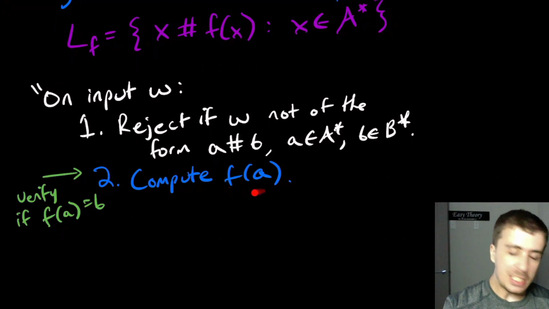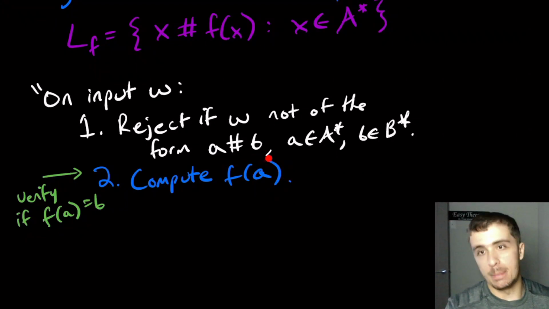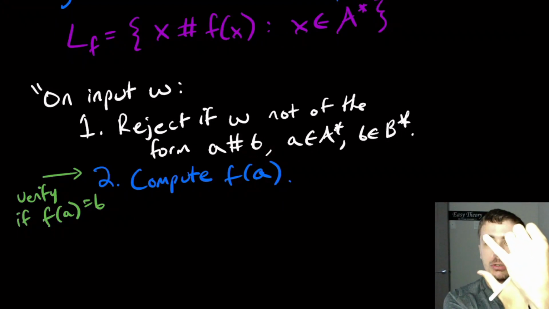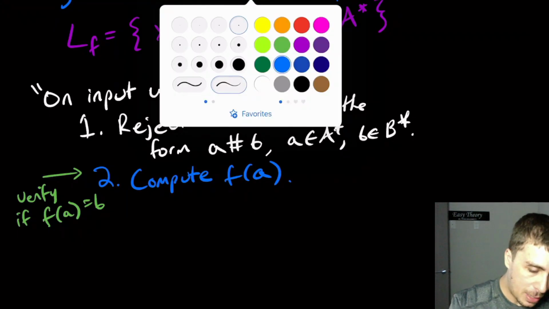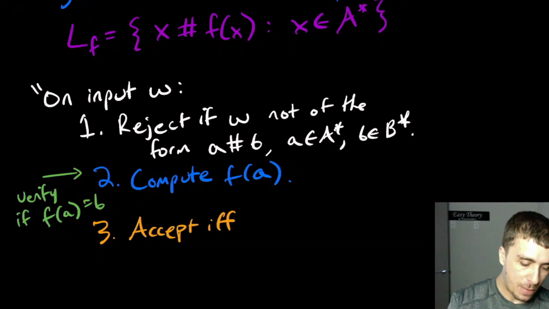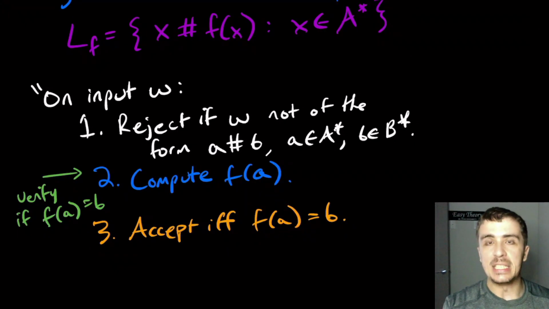So then, since this is computable, that means that we have f of A written somewhere, and we have B written on the tape right here, because we just verified the input is of this form. So all that we need to do is match these two strings and see if they're actually the same. So for step 3, we accept if and only if f of A is equal to B. And that is very easy to do, because that's just a finite length string comparison.